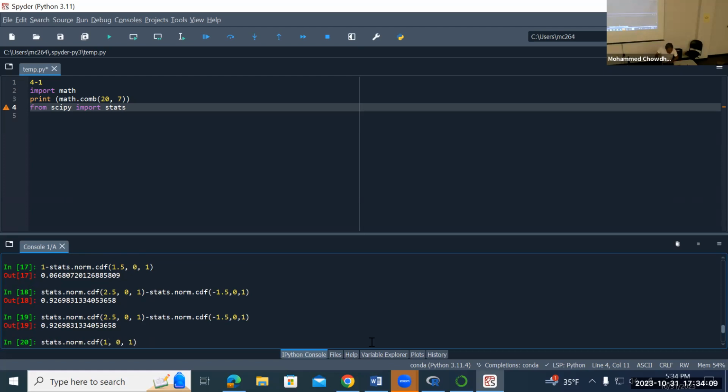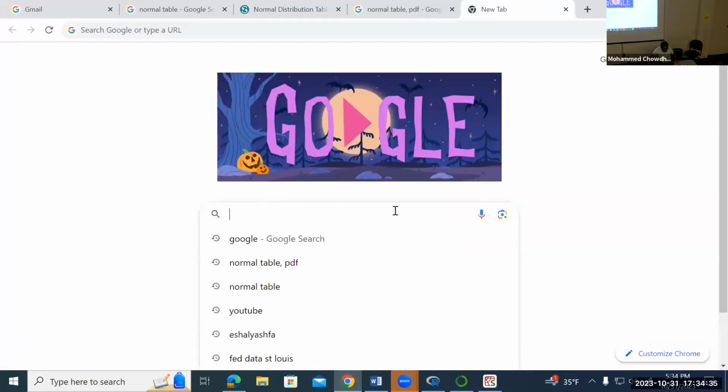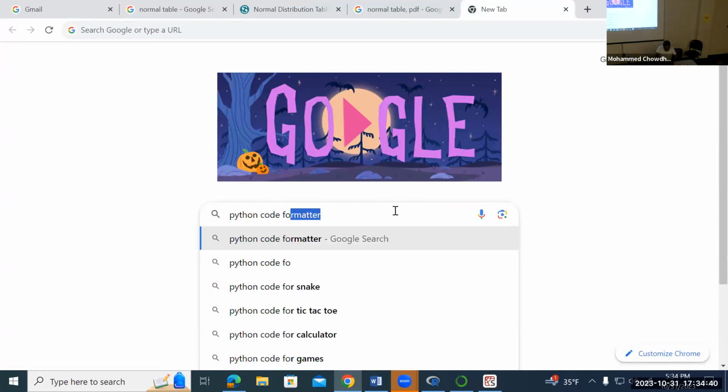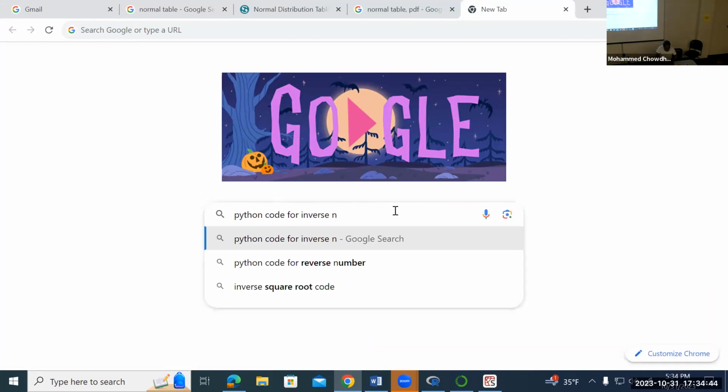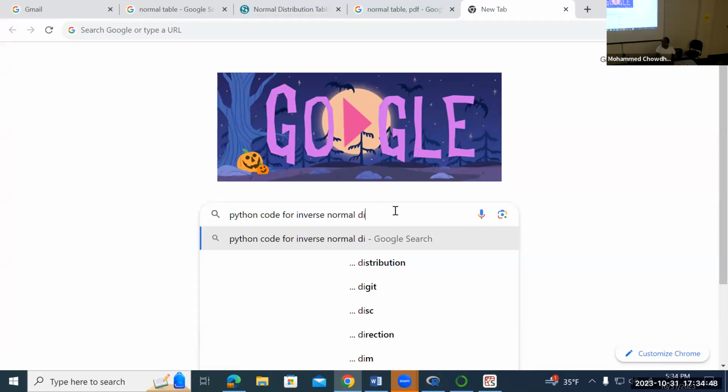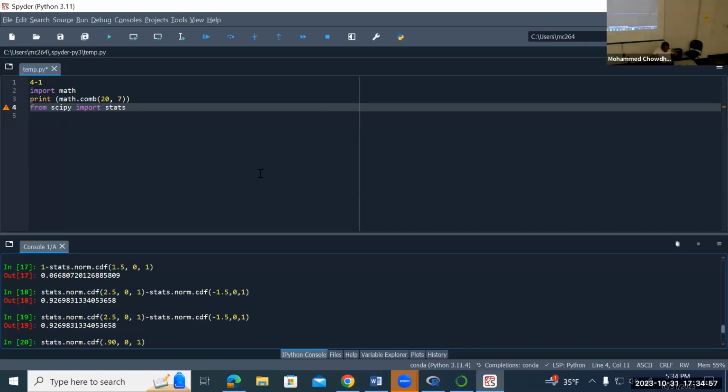I think it should be inverse norm of something like this, 0.90. We have to put PPF. PPF.